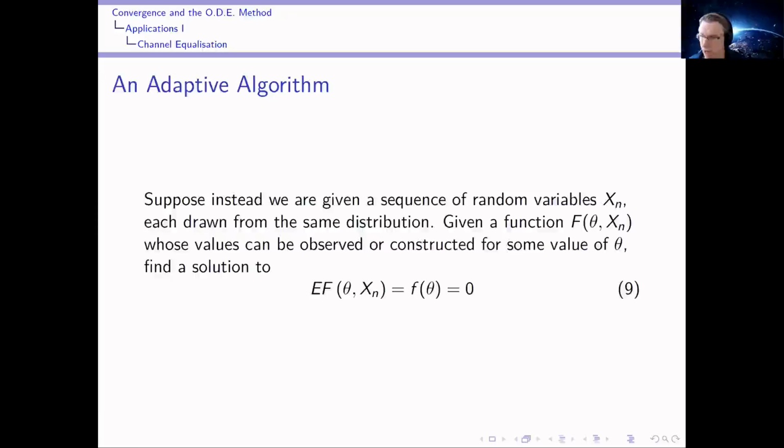In fact, this is kind of similar to the news vendor model that was presented a few weeks ago. And you can think of f as the cost, theta as the order number, and realizations of x as the demand. And so now what we can do is find a solution to the following equation in 9.